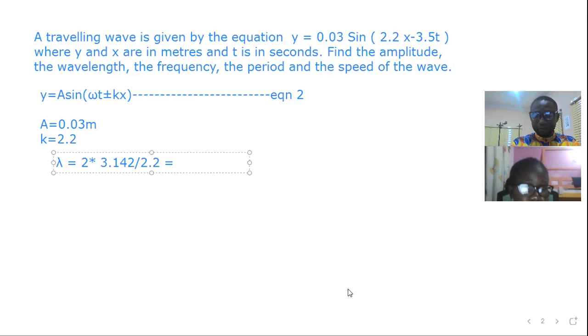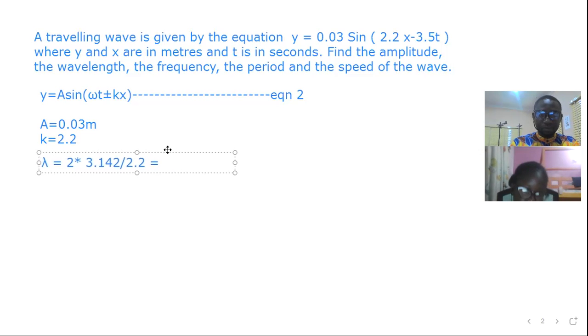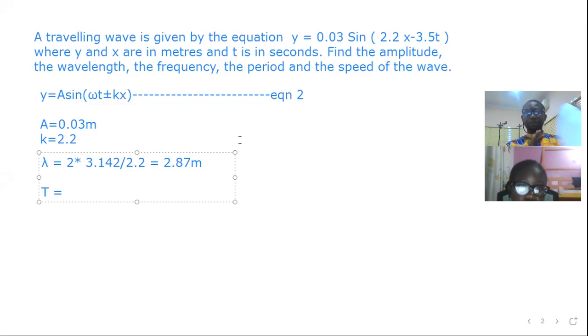So what's the lambda now? So what's the answer? We said that's 2.87.